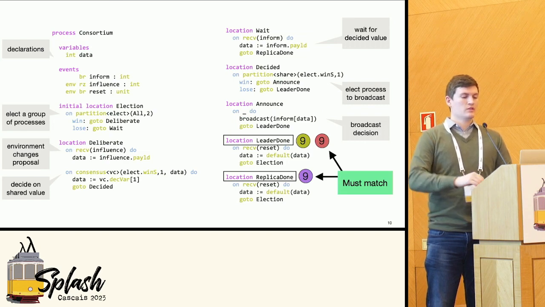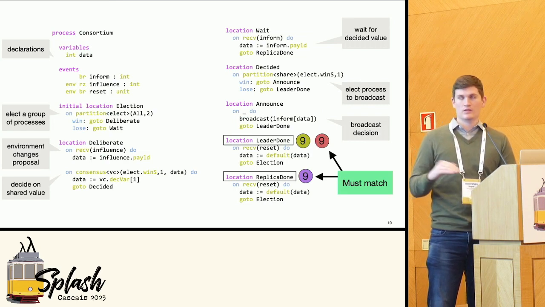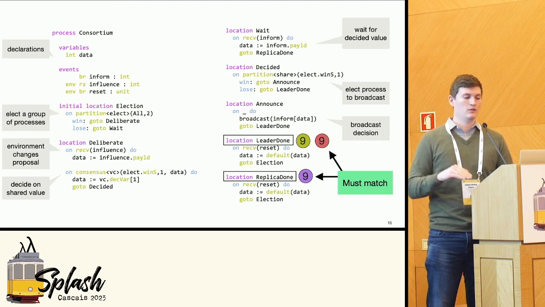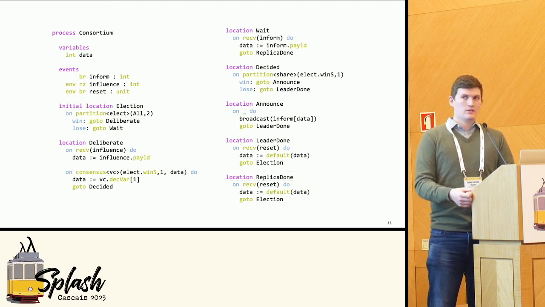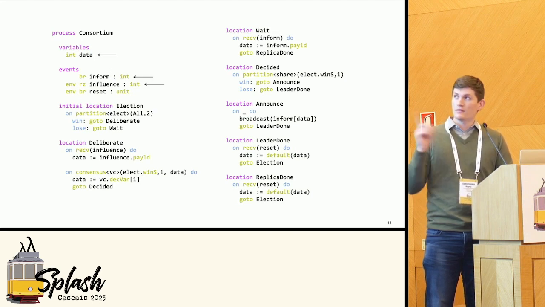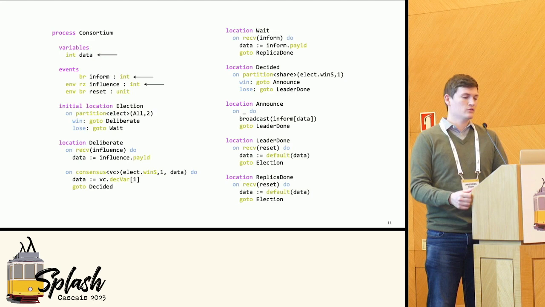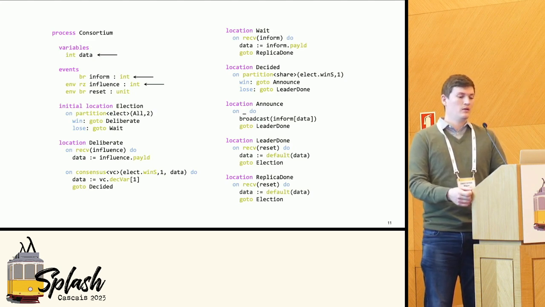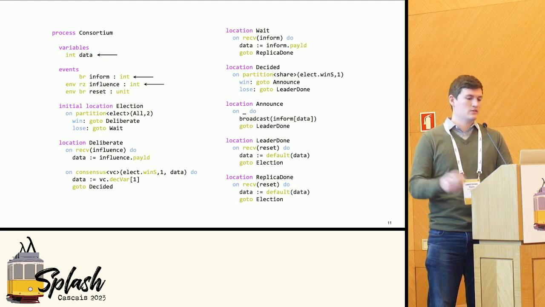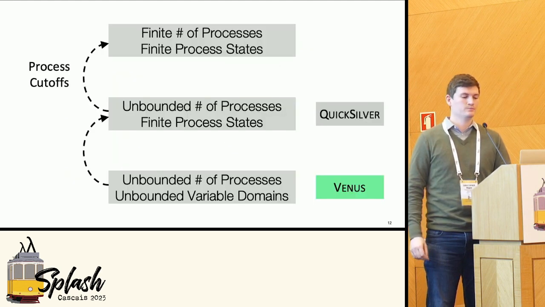Now the system is considered safe if any 2 processes in the leader done and replica done locations hold the same value in their data variables. Now, as it stands, Quicksilver can't verify this system because these variable domains and payload domains make the state space of each process unbounded. And Quicksilver requires finite state processes in order to check the conditions of its process cutoff reduction.